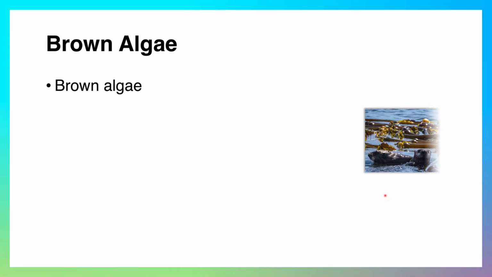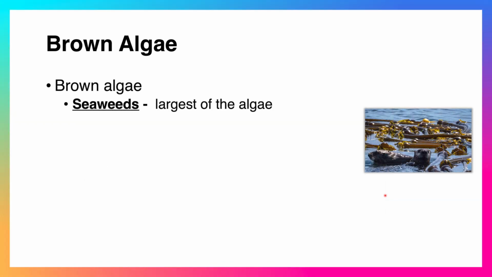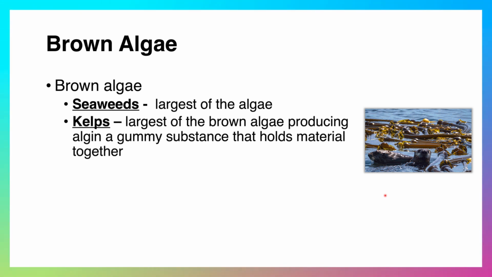Brown algae is the next of these. Brown algae is what we think of as seaweed. And seaweeds are the largest in terms of individual plant size of all the algae. Kelp, for example, is a large group of brown algae that produces algin. Algin is a gummy substance that holds materials together.